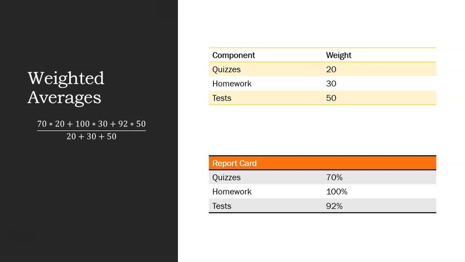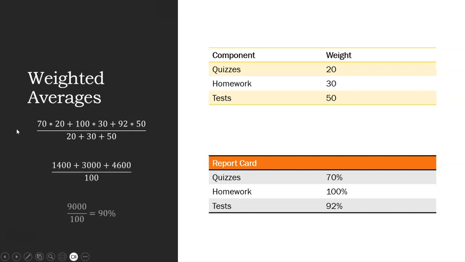So to find that, you would multiply 70 times 20, since your quizzes are 20% of your grade, you receive 70% for your quizzes, and then you would multiply 100 times 30, since homework is 30% of your grade and you received 100 for your homework, and 92 times 50, since your tests were 50% of your grade and you received 92% on your test, and divide that by 100, since your weight will be out of 100, and then you'll multiply everything out.